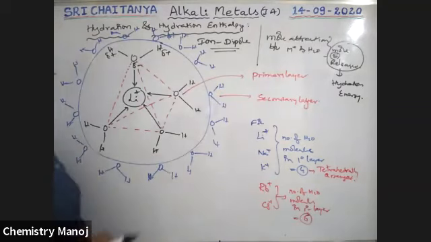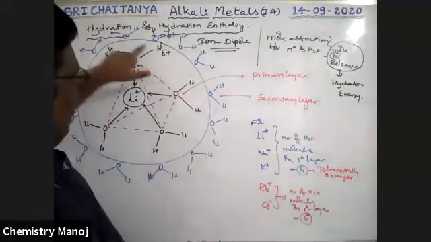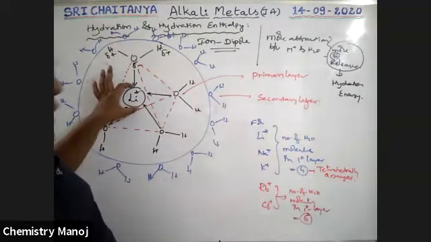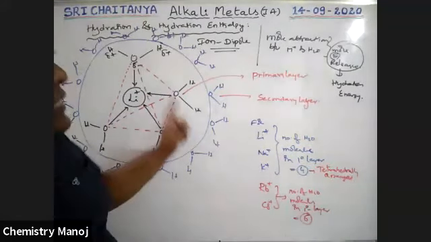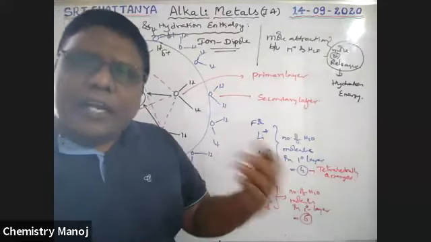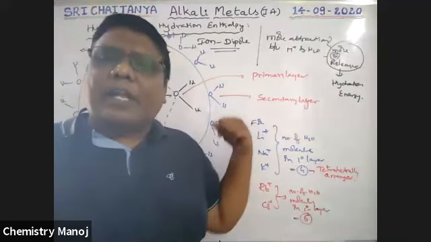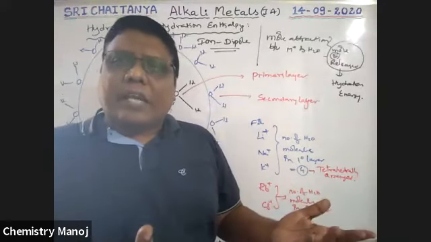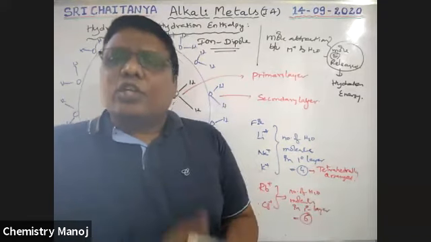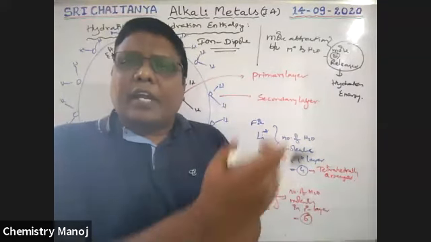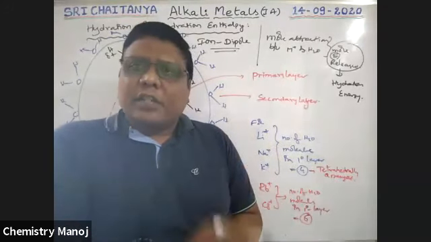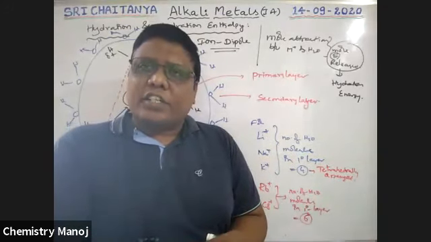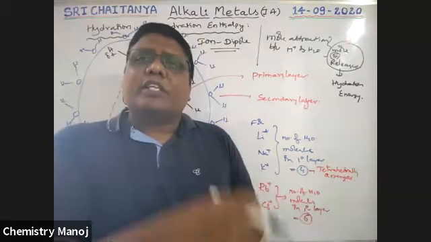What is hydration? Accumulation of water molecules around a metal ion when it is placed in water is called hydration. That hydration is due to the attractive forces between the metal ion and water molecules. Wherever attraction is there, energy should be released, so during hydration, because of the attraction between metal and water molecules, energy will be released. That released energy is called hydration energy. The more the hydration, the more the energy release.